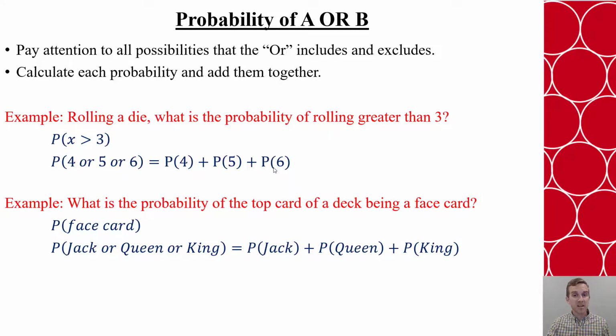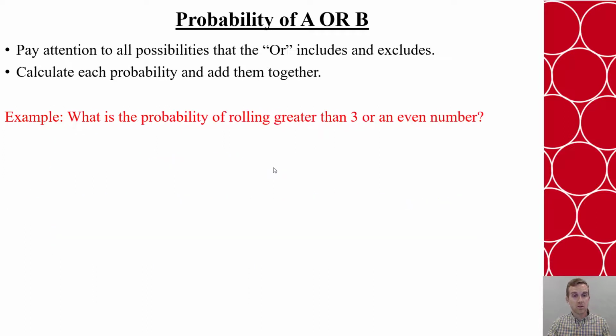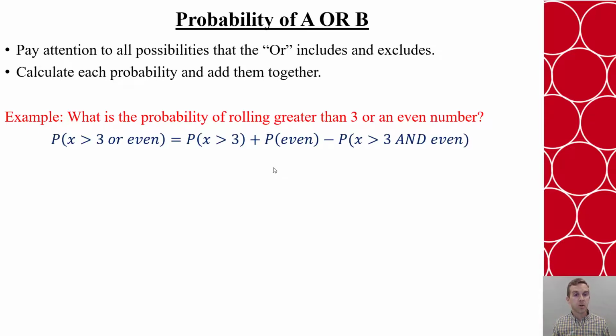Now we talked about this idea of inclusion and exclusion. So consider this situation now. What's the probability of rolling greater than a 3, or rolling an even number? We've got to think about, okay, let's take this one step at a time. We have the probability of being greater than 3 or the probability of being even.